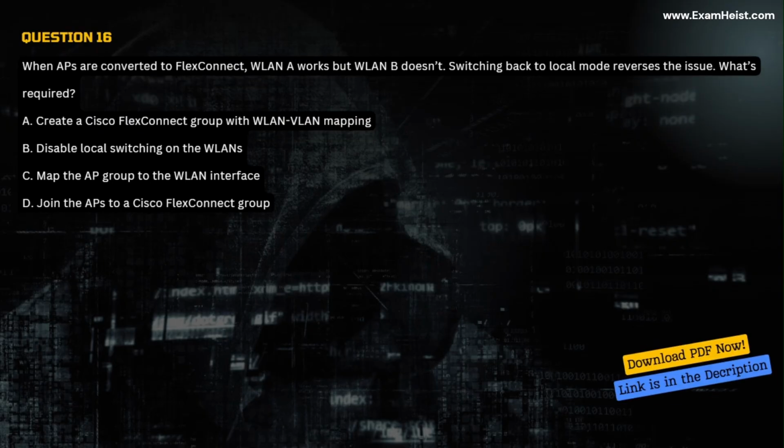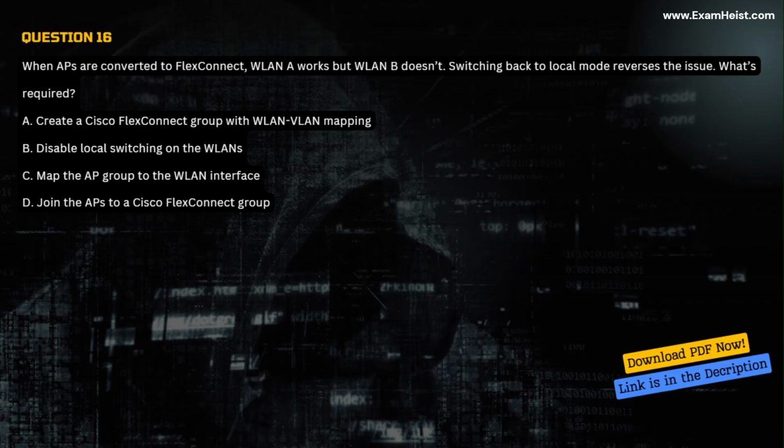Question 16. When APs are converted to FlexConnect, WLAN A works but WLAN B doesn't. Switching back to local mode reverses the issue. What's required? A. Create a Cisco FlexConnect group with WLAN VLAN mapping. B. Disable local switching on the WLANs.